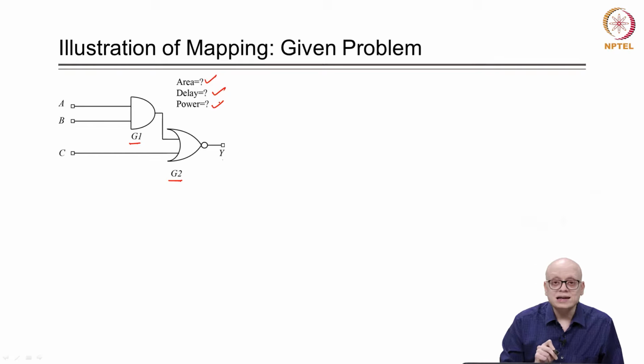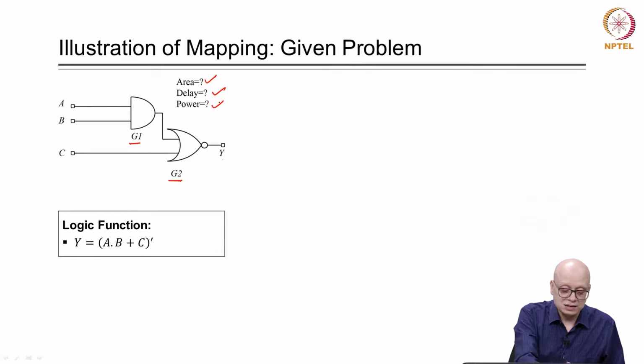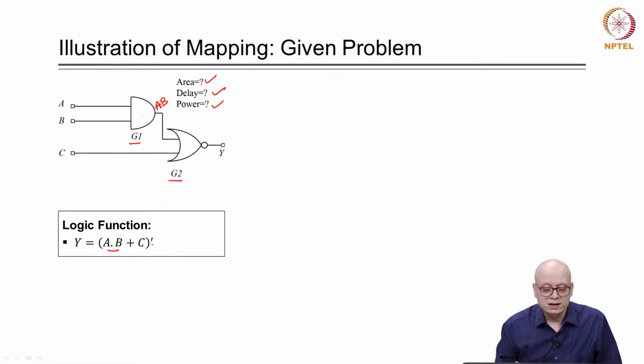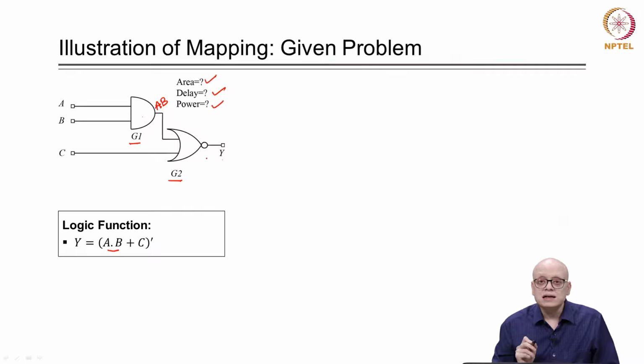However, the functionality is very well defined, and we can represent this functionality as y is equal to a dot b, because of this AND gate we have this signal as a dot b, and then we have a NOR gate. So, that is why we have a dot b plus c whole complement, right. So, the function for this netlist is very well defined, but other PPA measures like area, delay and power are not known.